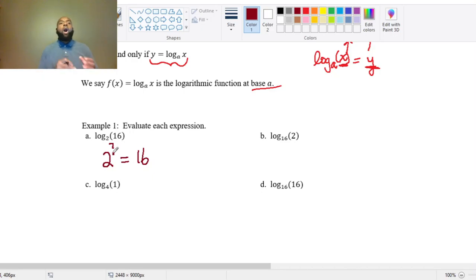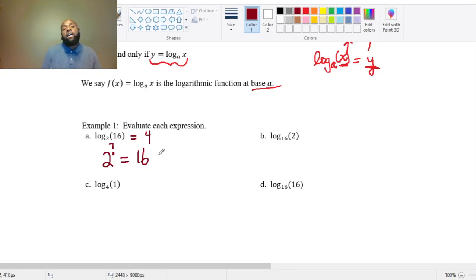The logarithm always equals an exponent. And 2 to that power is always going to equal what you take your logarithm of, right? I want to know what power I raise 2 to in order to get 16, and that would be 4. So we can convert it back to an exponential equation, and it'll help us solve this.